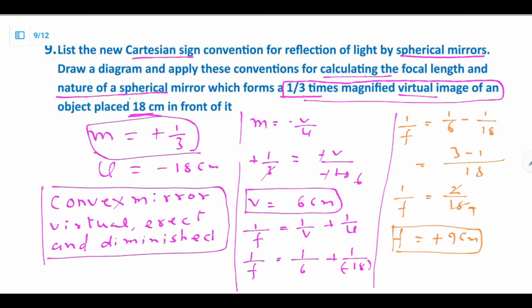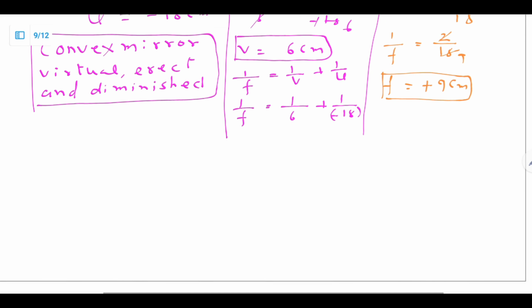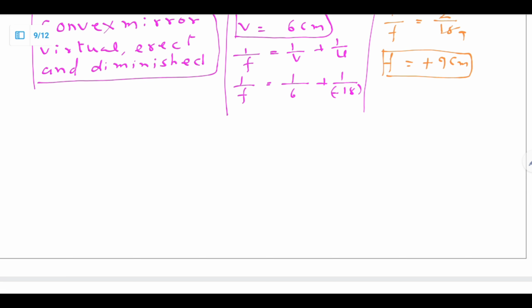Also the question is to explain the sign convention rules. You know the first sign convention rule: all the distances must be measured from the pole. Let me draw a ray diagram for this question. It's a convex mirror.